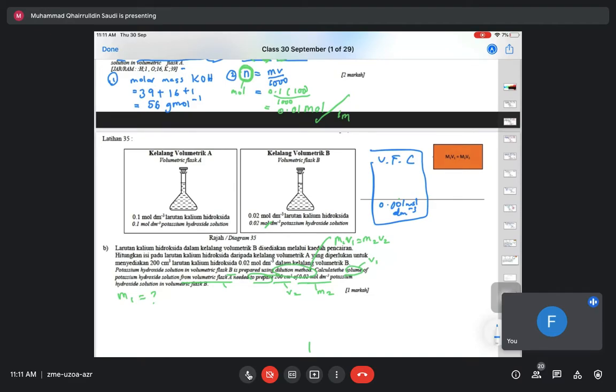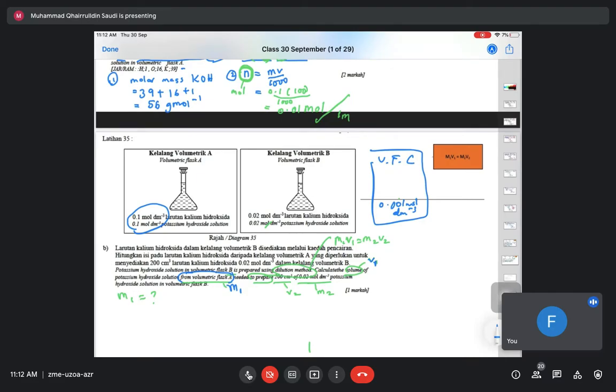Oh, because the volume that we calculate is from volumetric flask A. Dia kata volume of potassium hydroxide solution from volumetric flask A. So the molarity is from the volumetric flask A. That is why you take 0.1 mole per dm cube.